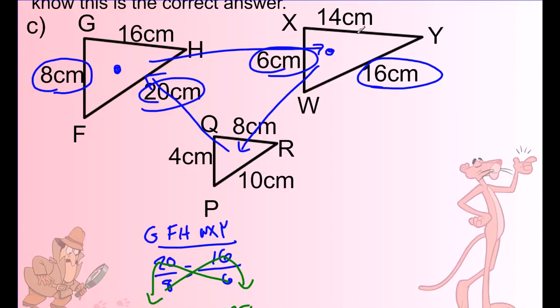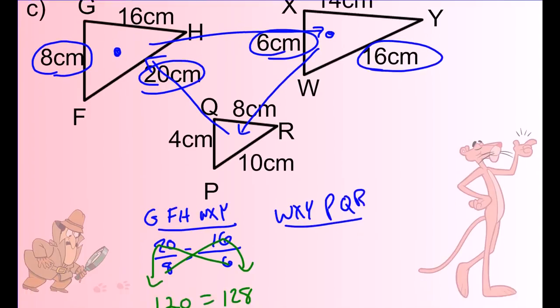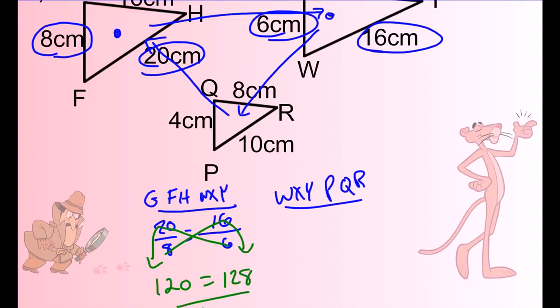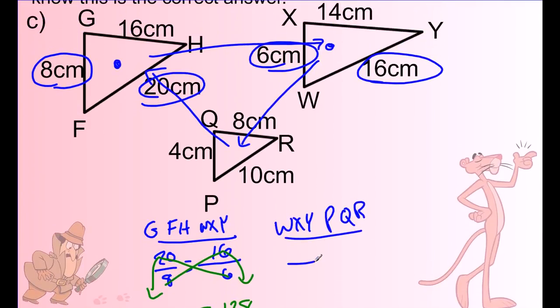So let's try WXY and PQR. Oopsie. So my proportion says, well, I'm going to use the same sets of sides.